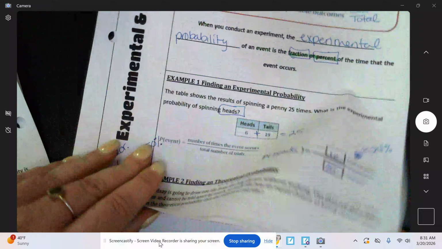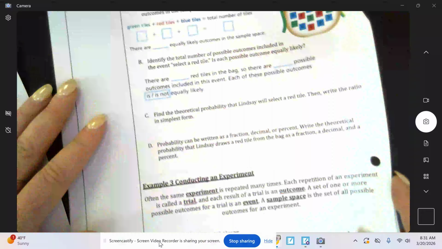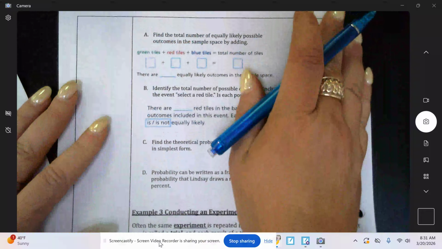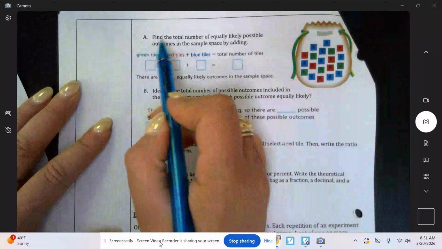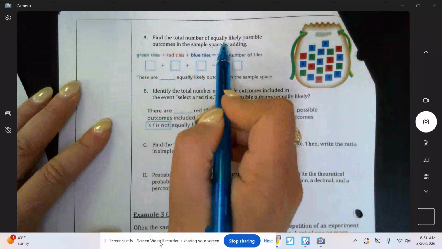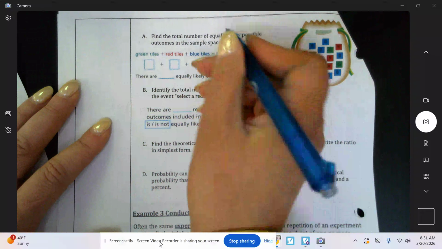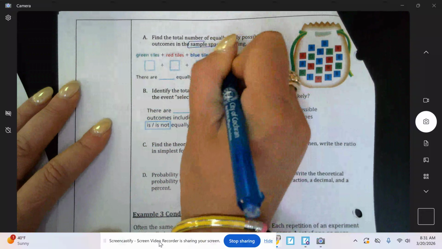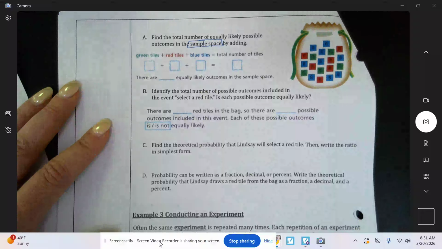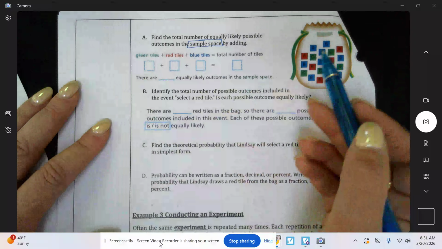So if we turn the page, it says find the total number of equally likely possible outcomes in the sample space by adding.